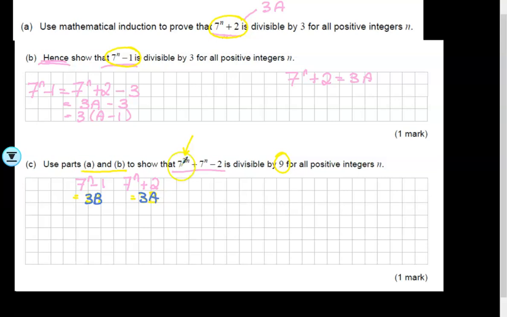And look at this, 7 to the 2n. It's almost like you had 7 to the n times 7 to the n. So, thanks, Nails. That's exactly what we're going to do. So if I've got 7 to the n take 1 times 7 to the n take 2, what do I get?